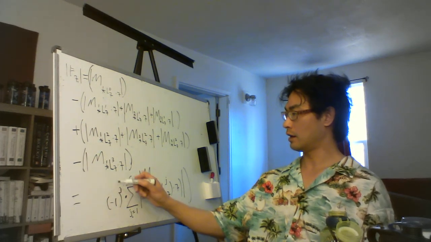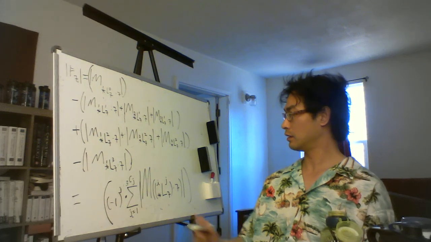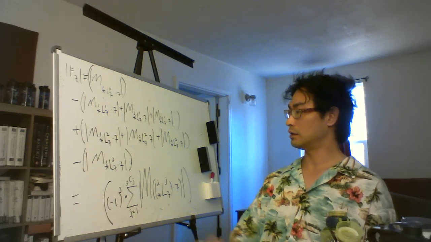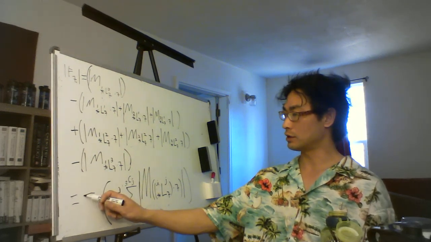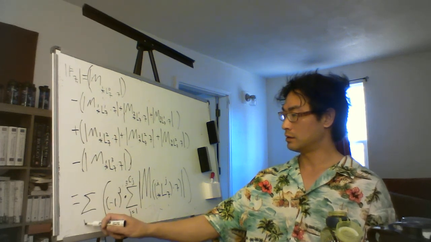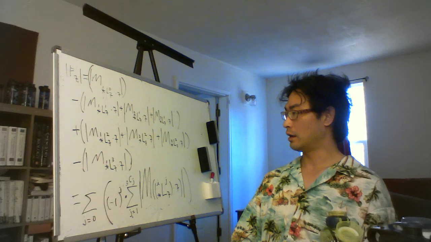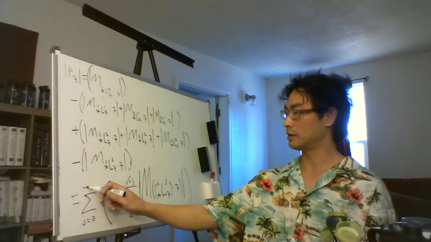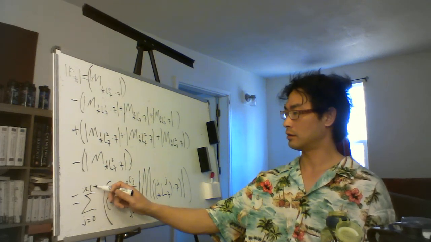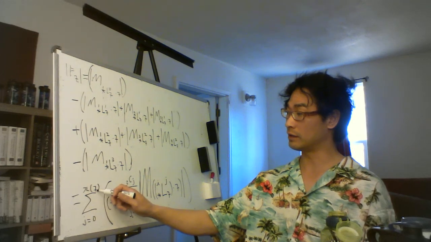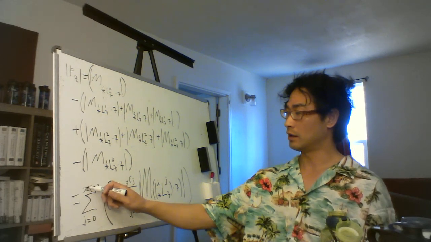And then this entire thing is inside of the outer sigma, j from 0 to pi of 7. We redefine 7, I mean pi.